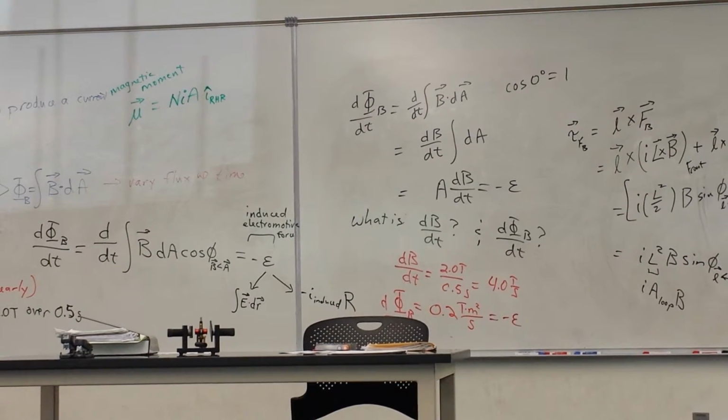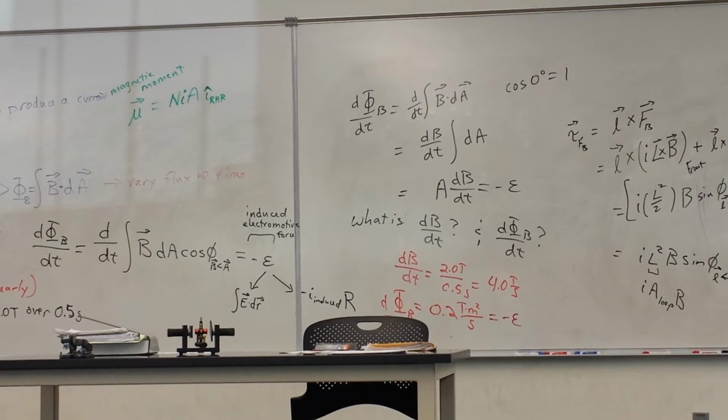Where does that energy come from? Whatever is producing the changing magnetic field. That could be somebody taking a magnet and doing this, physical work. It could be changing the current in an electromagnet or in a coil, causing it to rise.